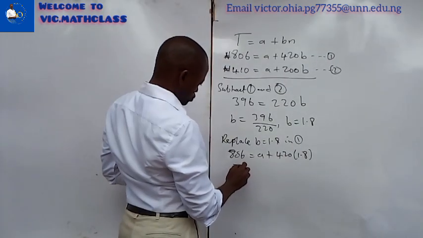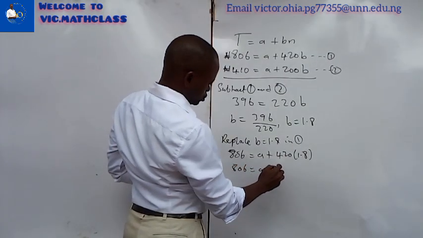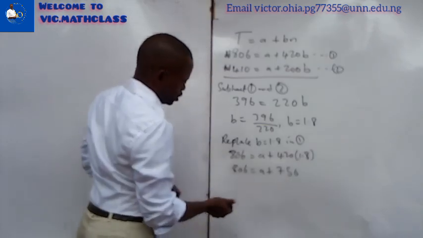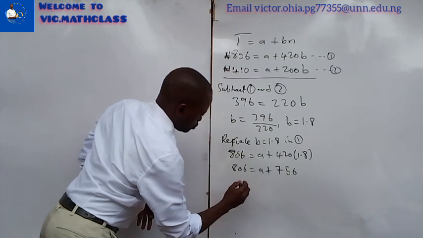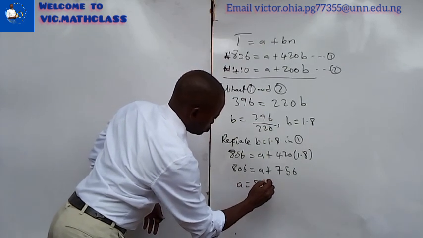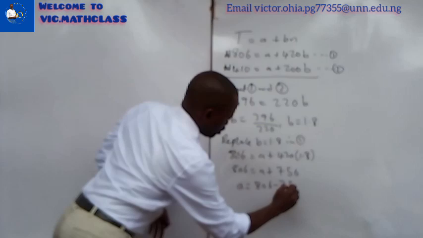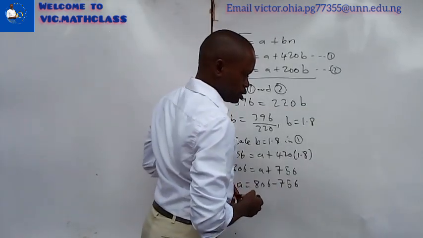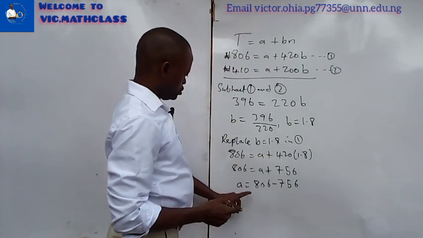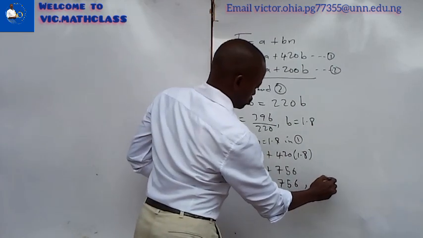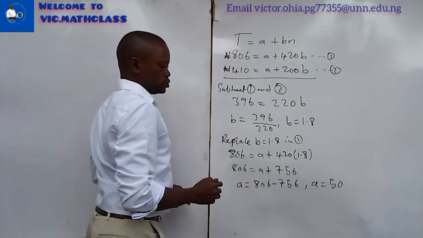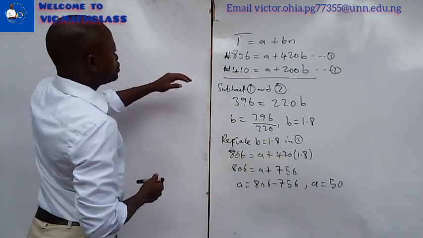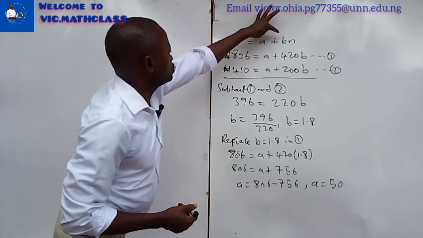So I have 806 equals A plus 756. It's just simple subtraction: A equals 806 minus 756, which gives A equals 50.